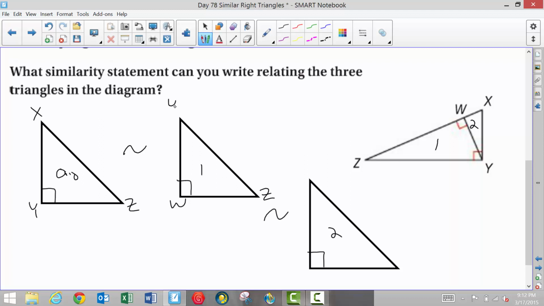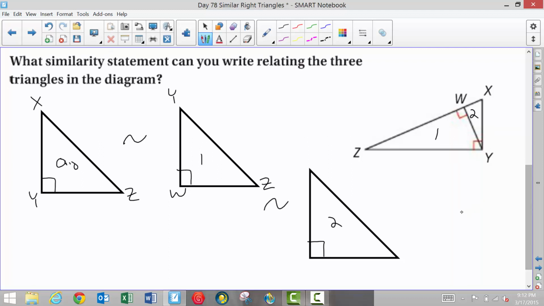And then you have Y. For triangle 2, the 90-degree angle is W. And in triangle 2, I have angle X. Angle X is also in the original triangle? Well, X in the original triangle is up top, so X has to be up top in triangle 2, and Y goes to the last vertex. Now I can write my similarity statement. So I have triangle XYZ is similar to YWZ, and it's similar to XWY.